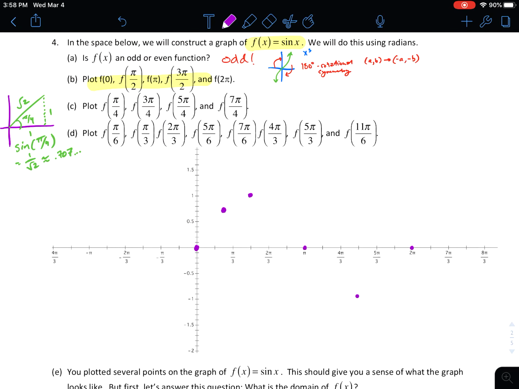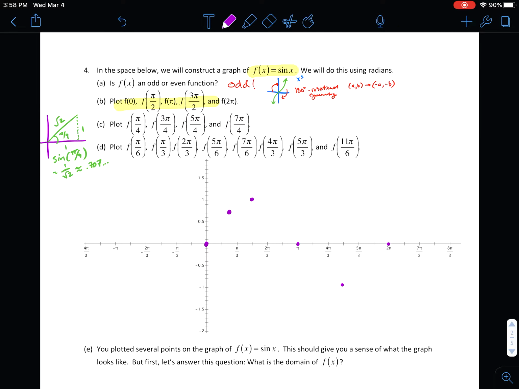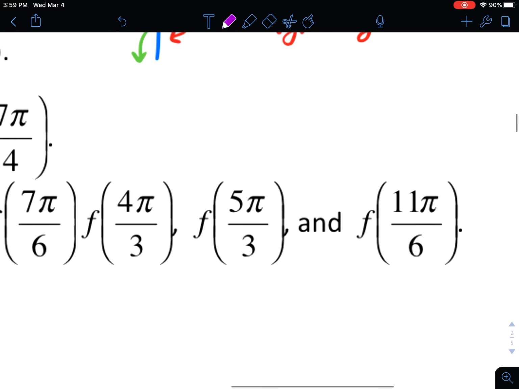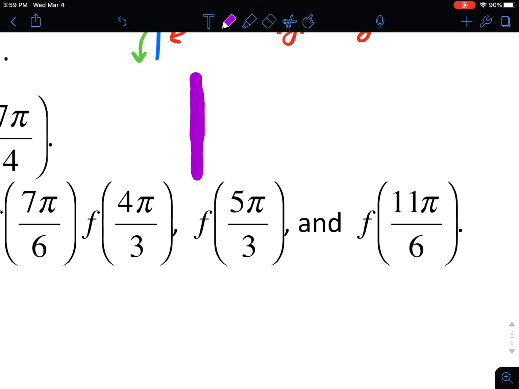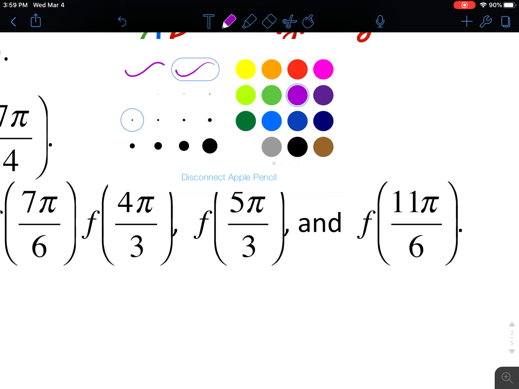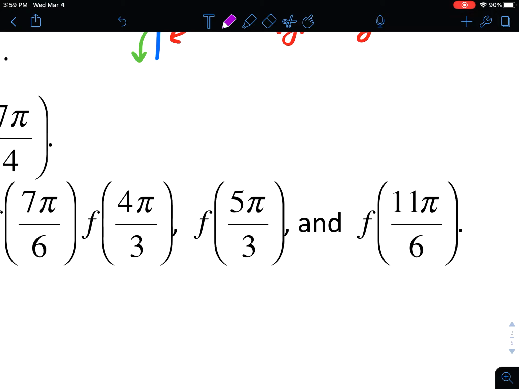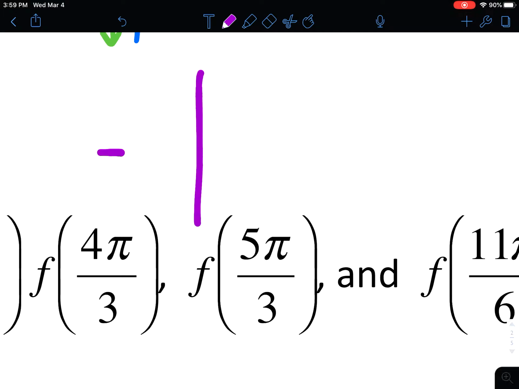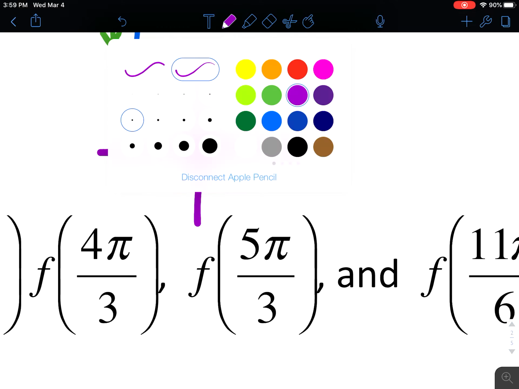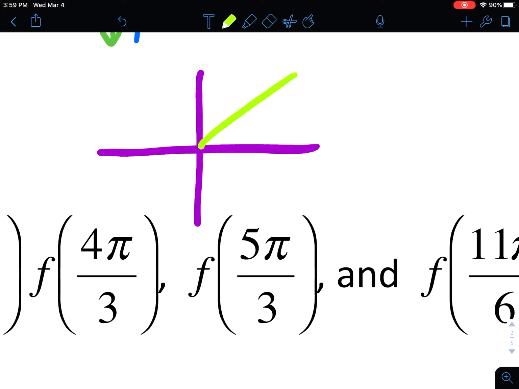Now, the same thing should be true for 3 pi over 4, because these angles are both in the first and the second quadrants, with the same reference angle. Pi over 4 and 3 pi over 4 are going to fall in the same quadrants, the same reference angles.